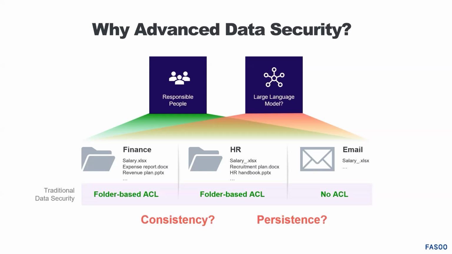The other problem with traditional location-based security is consistency between locations. You might have consistency, let's say, if you're doing internally shared folders, maybe you have a governance group that does a good job, but a lot of times different departments may have different controls.